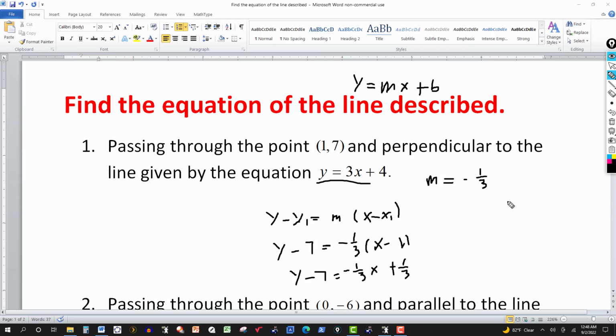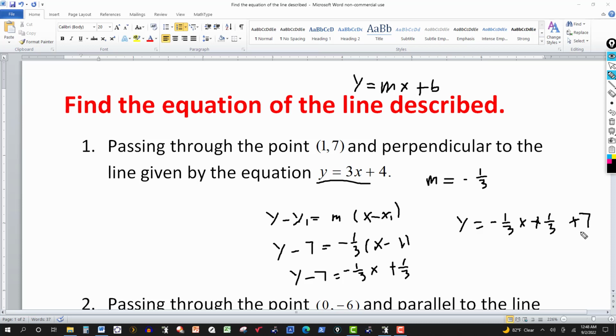And we just take everything over to one side, so this will be y equals -1/3 x plus 1/3. And then I'm adding 7 to both sides here to isolate the y. Adding 7 to both sides cancels the -7 on the left side.